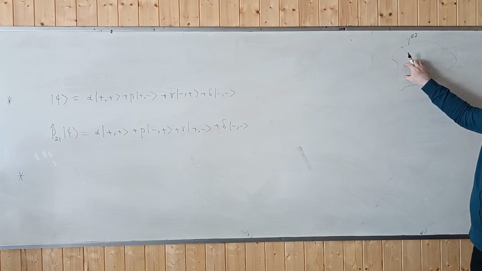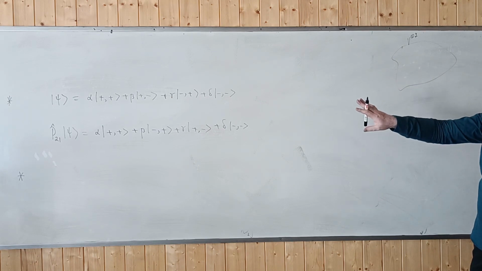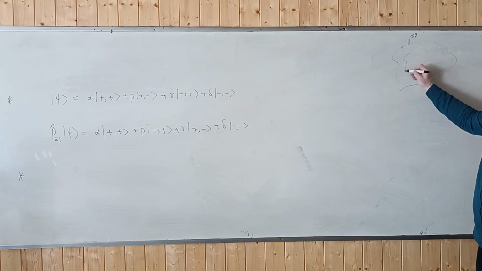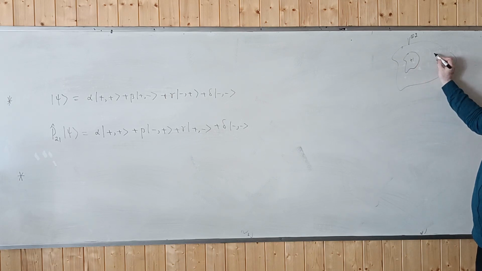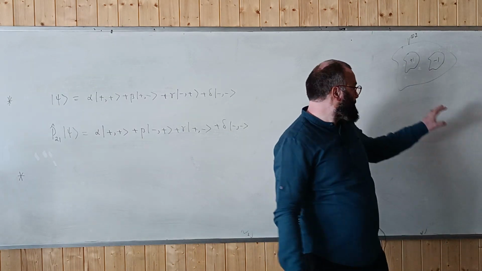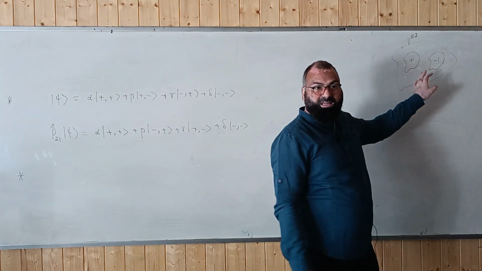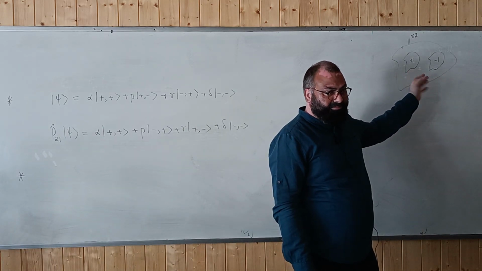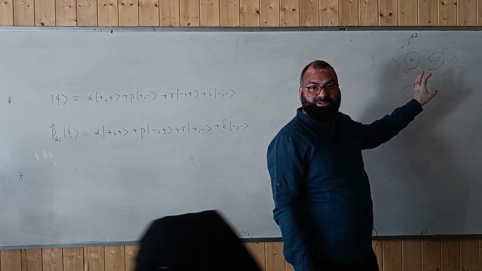Only a subset of the states will be eigenstates of P21. Let me take one subset with the eigenvalue plus 1 and another subset with minus 1. If I add the two, it will not yield the complete space. There will be other states which are not eigenstates. Got it?